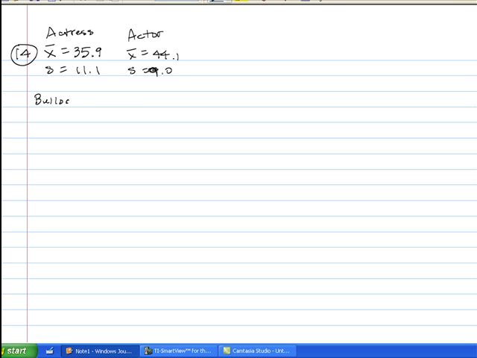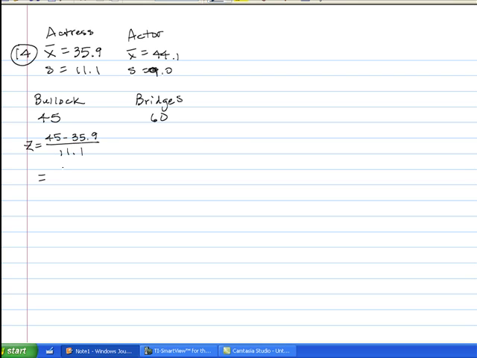Okay, so we want to compare their z-scores. So 45 minus 35.9 divided by 11.1. 45 minus 35.9 gives me 9.1, divided by 11.1, and I get 0.82.